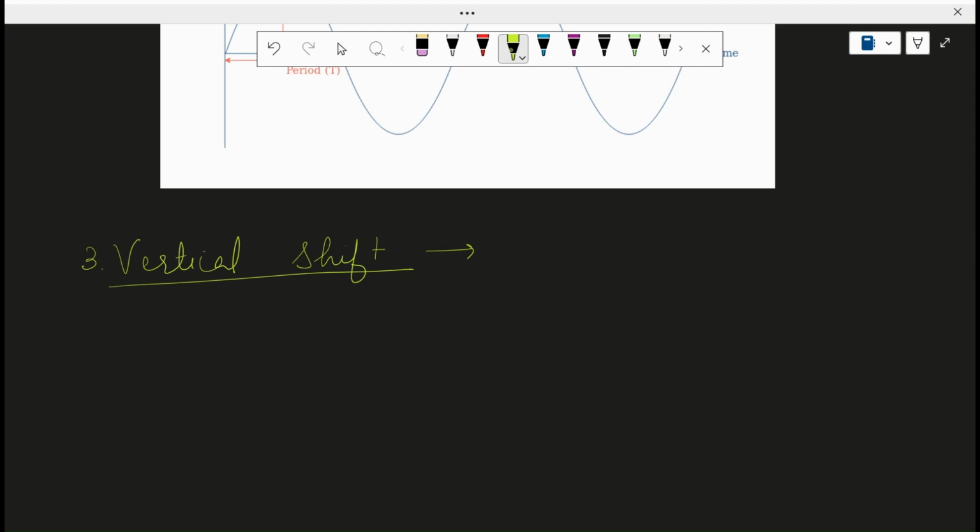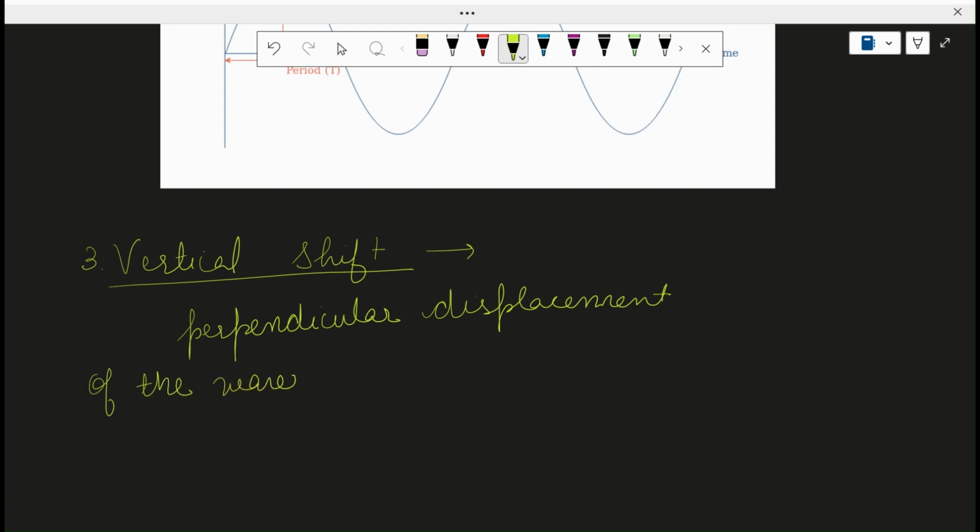So vertical shift is the perpendicular displacement of the waveform from the x-axis.